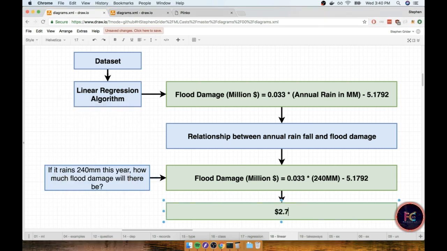So $2.74 million in damage for that amount of rain. I would go back over to my city manager and say, okay, I did the analysis based upon these previous years of data that we have, where we have some amount of rain and some amount of money spent to fix that damage. I think that if we have 240 millimeters of rain, we're going to have to spend about $2.74 million to fix it.